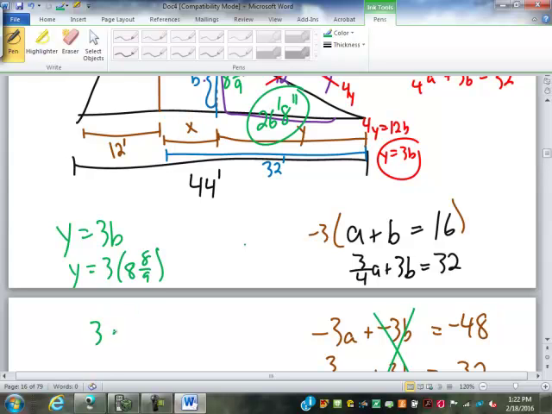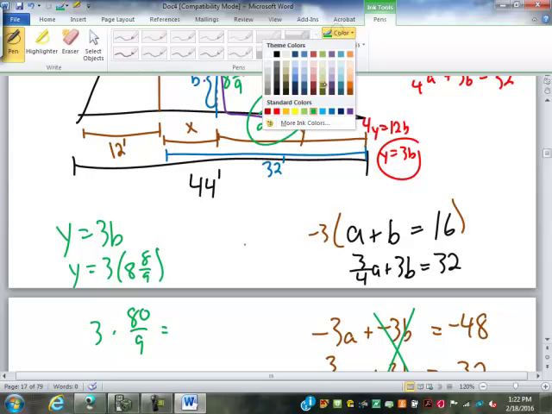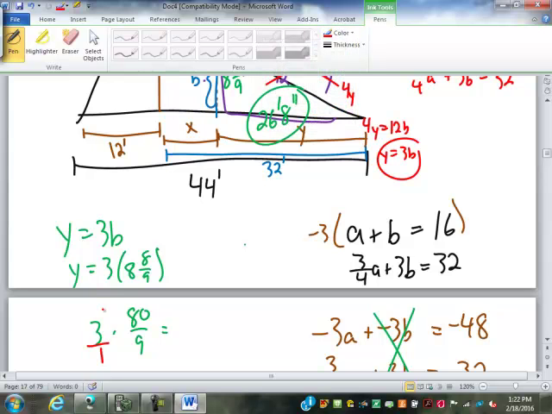So 3 times 8 8/9. 8 times 9 is 72, plus 8 is what? 80 over 9. So I'll put this over 1, cross cancel the 3 and the 9 to make 1 and 3. So this is 80 over 3. 80 divided by 3 is 26 2/3, right?